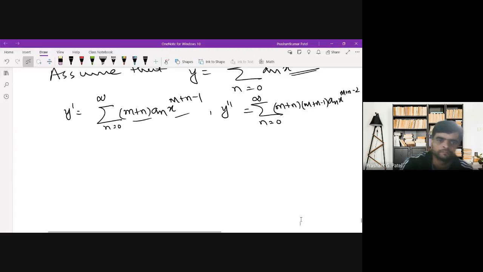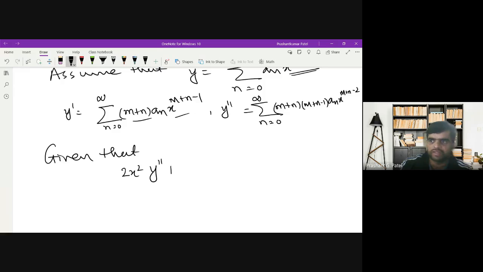Again here, it was given that 2x square y double dash plus x into (2x plus 1) y dash minus y equal to 0. This was the given differential equation.